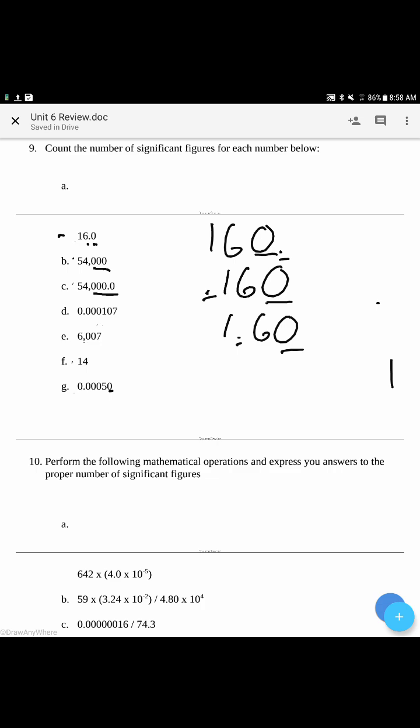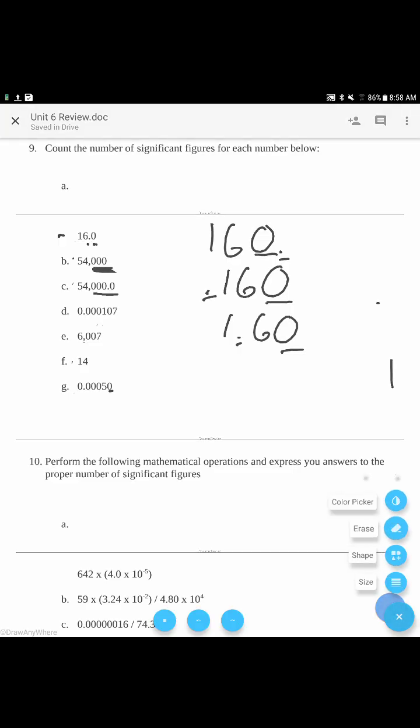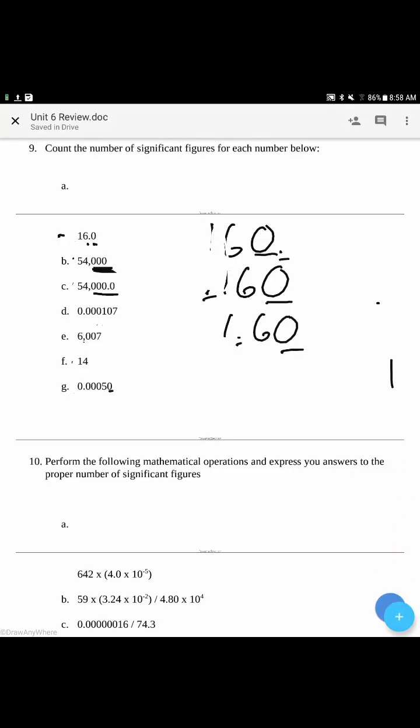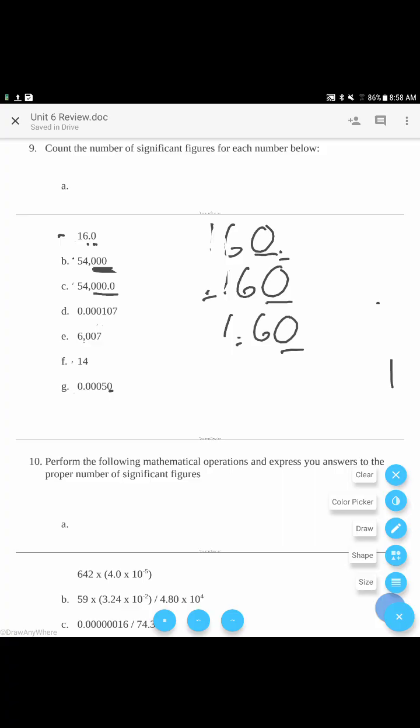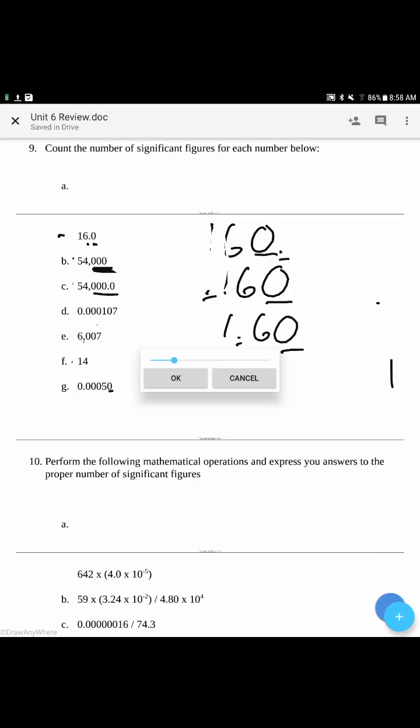If the decimal is not there, if there is no decimal in the number, then these trailing zeros are not significant. So like this one, the 54,000. These trailing zeros are not significant because there is, hold on, let me erase these.